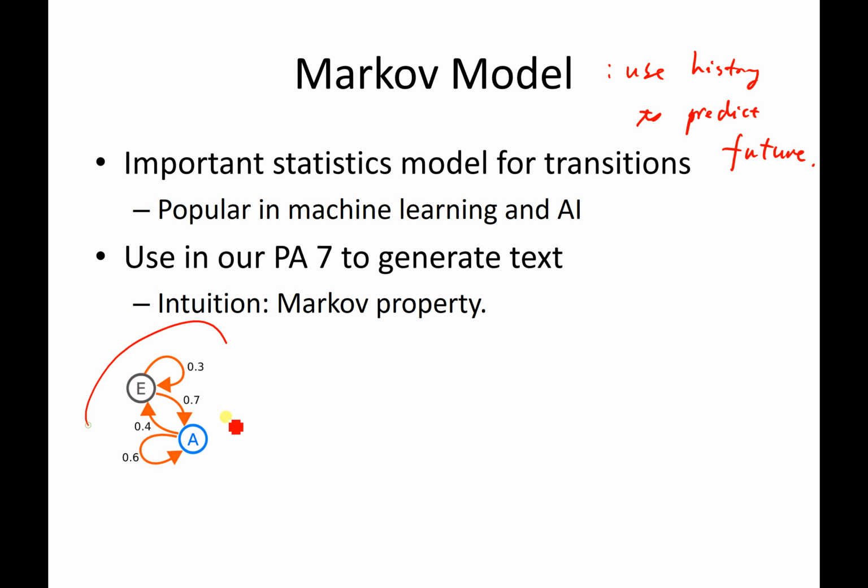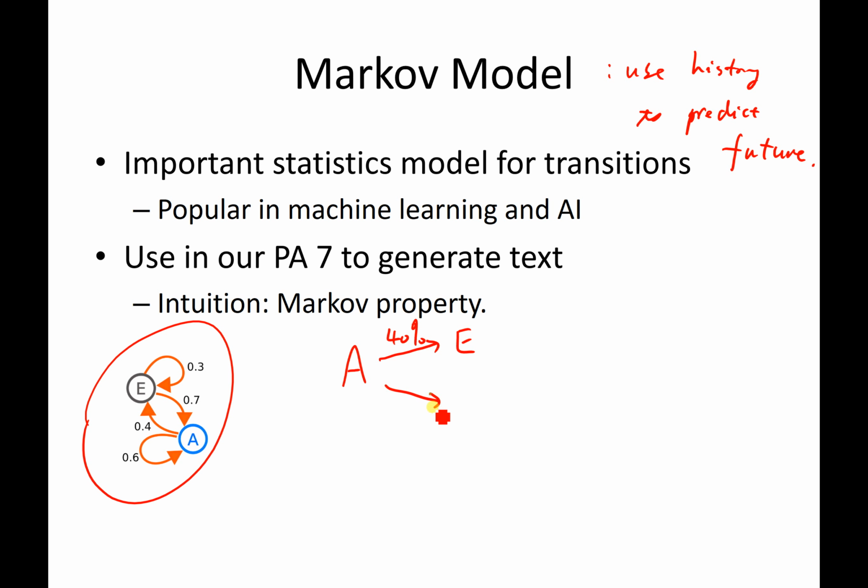If you look at this figure, a Markov model has states, and each state means the status of the system. For example, if right now the system is in state A, the chance for it to go to state E is about 40%.